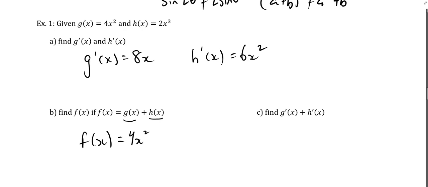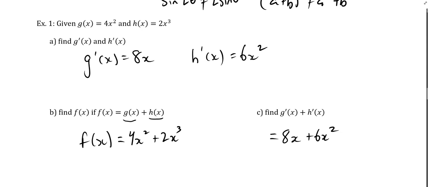Yeah, very nice. We're just literally taking those two monomials and adding them and calling that f. Okay, and then what is g prime x plus h prime x? I'll do this one. 8x plus 6x squared.